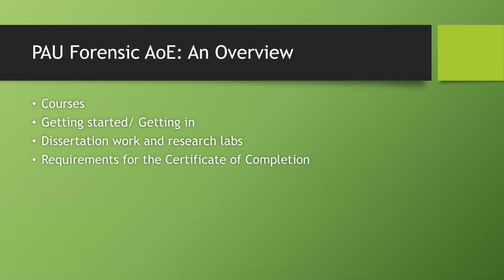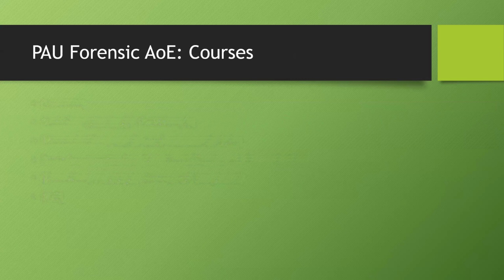I want to talk about our certificate of completion and what that does and doesn't mean for you. I want to specifically talk on a topic of blending multiple areas of emphasis. And then I'll wrap up with some questions that Dr. Faneuf and I field a lot about the AOE.